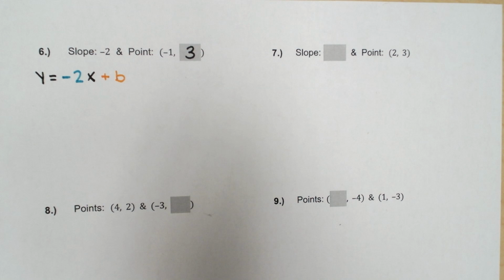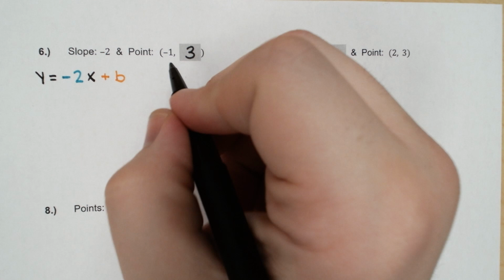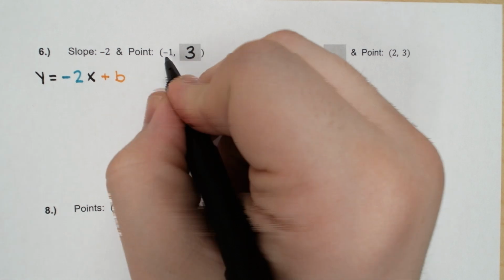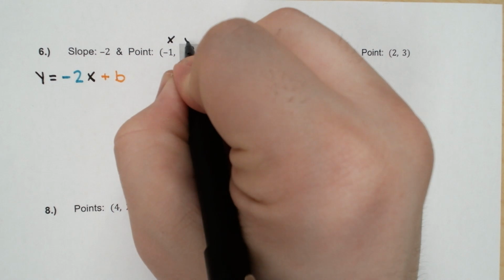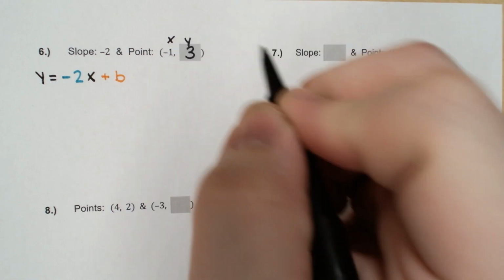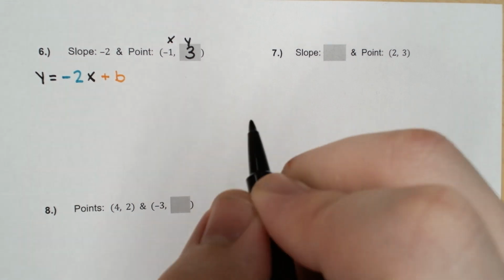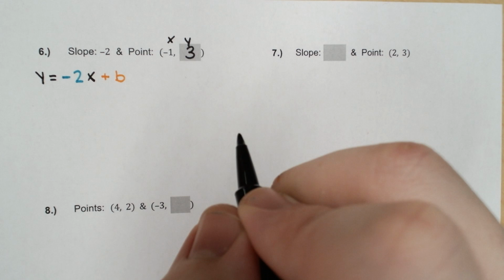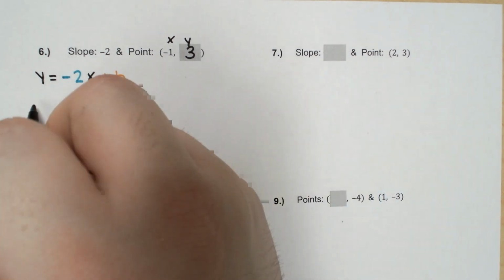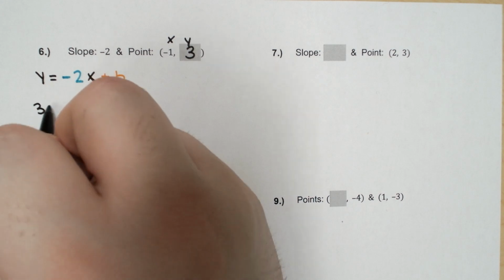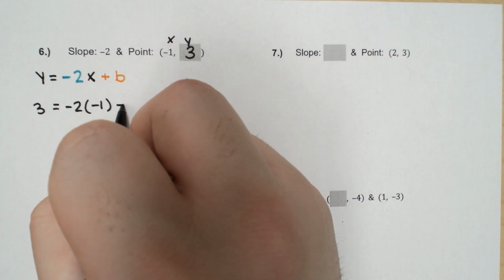All right, y'all. So, for number 6, I've got the slope is -2. So I know I can say y equals -2x plus something. I'm going to plug in -1 and 3 as the xy ordered pair that line should go through. And so write this as 3 equals -2 times -1 plus b.